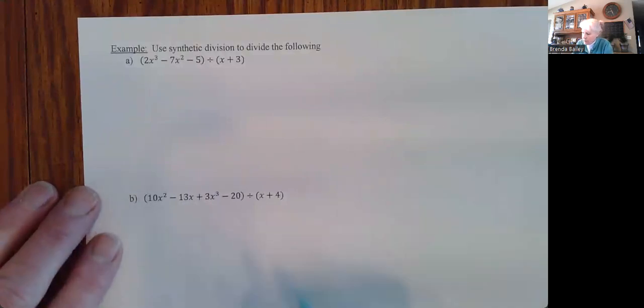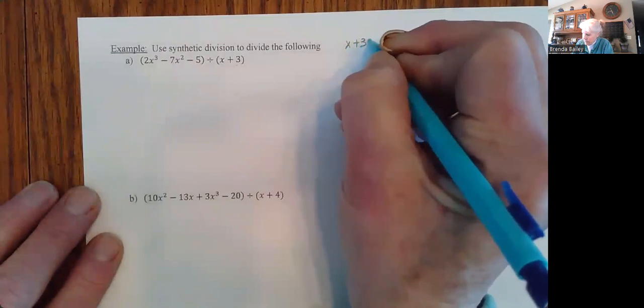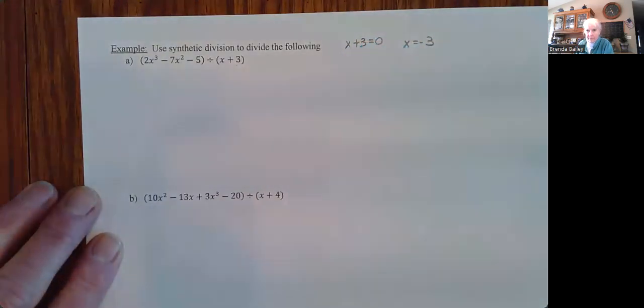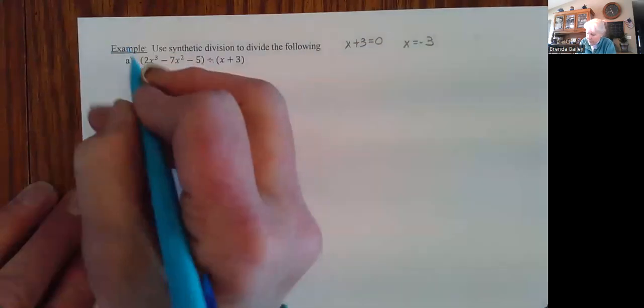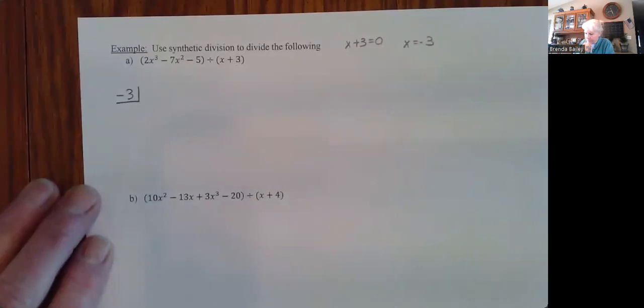All righty, first step, set this equal to 0. So x is a -3 if you subtract 3. So that's the number in the box. Now we're going to list the coefficients in order, and if I'm missing a variable, I put a 0 in that spot.